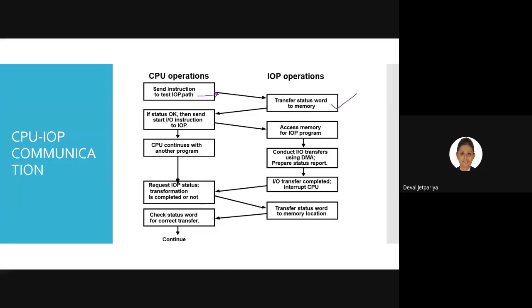Like whether our device is busy with another transfer, whether our device is ready for IO transfer or not. The IOP generates this status word, the CPU refers to that status word in the memory, and then it decides what to do next.